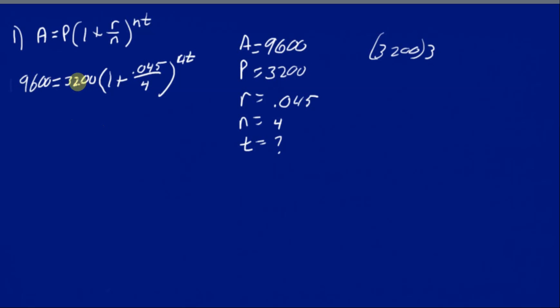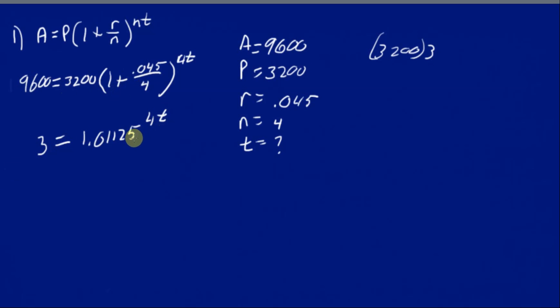All right, so if I divide both sides by 3,200, that's going to give me 3 equals, take 0.045 divided by 4, add it to 1, that gives me 1.01125, and that's raised to the 4t.